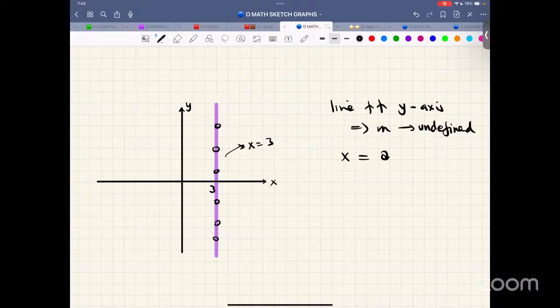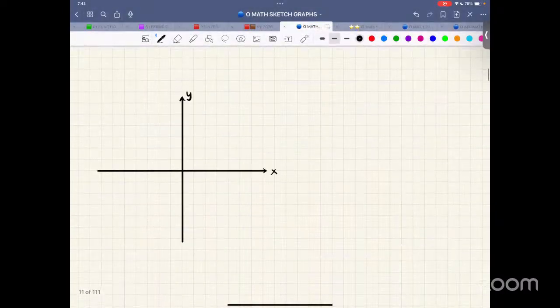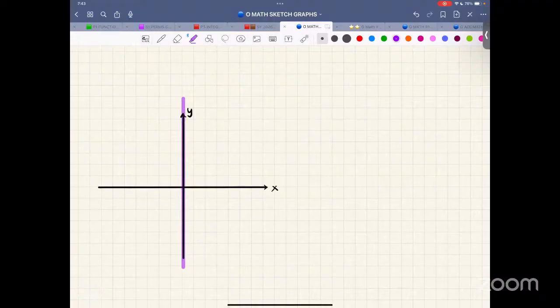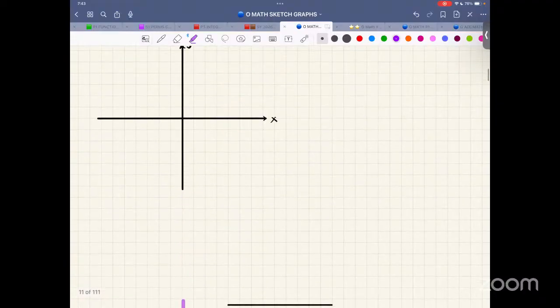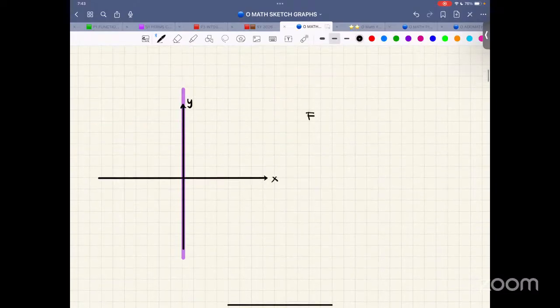So keep this in mind. One other thing, this one is the y-axis. This one is the x-axis. So the equation of the x-axis is y equals 0, because all along the line, the y coordinate is 0. The equation of the y-axis is what? It is x equals 0.